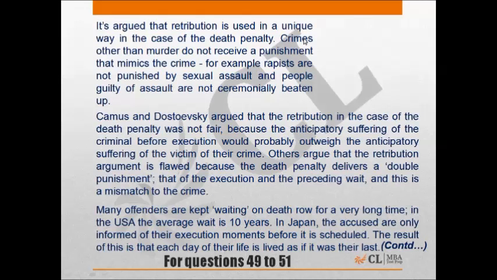Questions 49 to 51. This is an RC passage. As some of you are aware, my way of attempting the VALR section is that initially I will do all the verbal ability questions. Once I do those, I will go to the other questions, which is the LR and the RC sets.